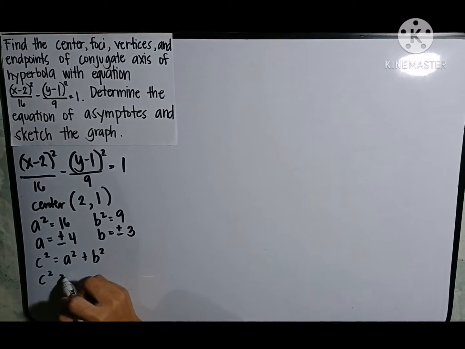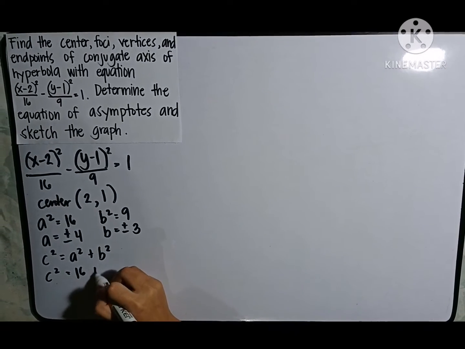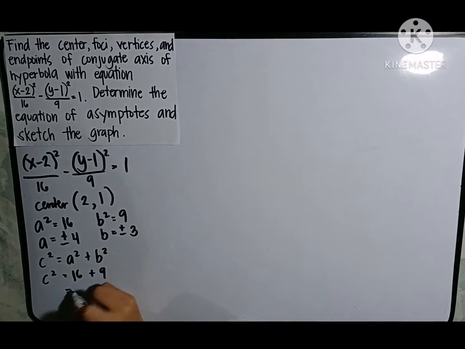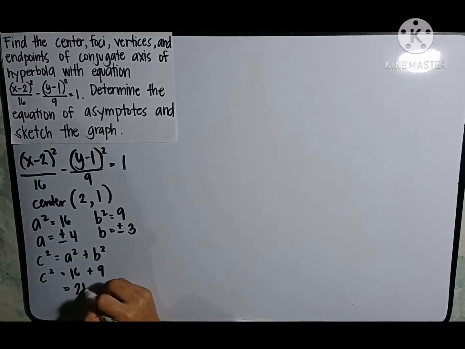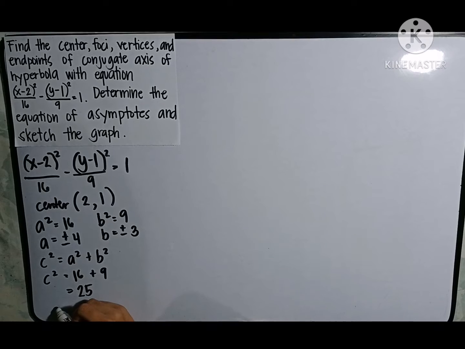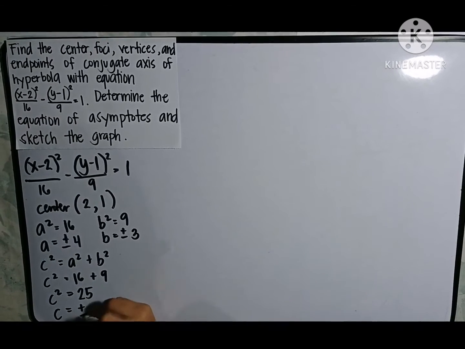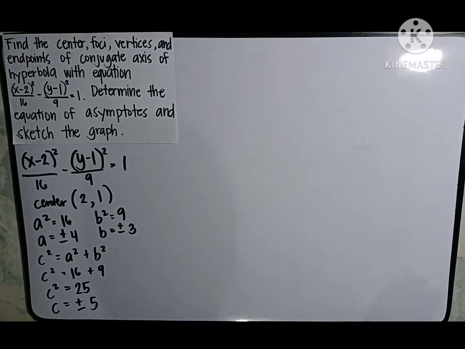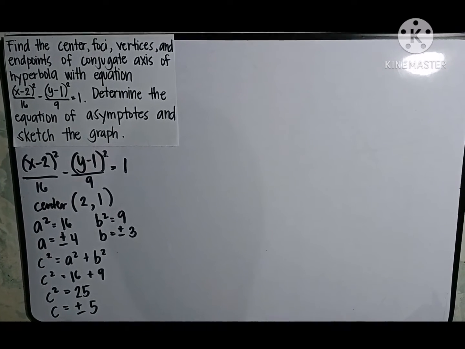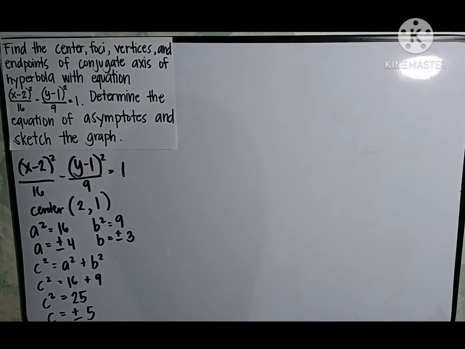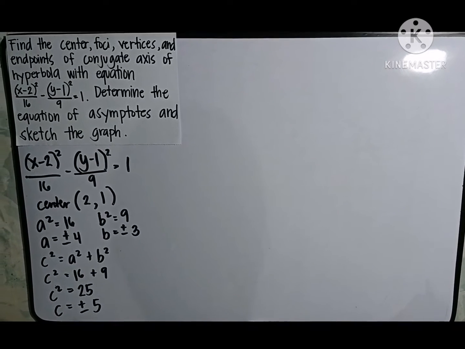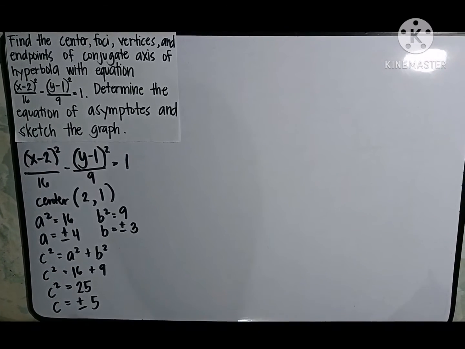So c squared is equal to 16 plus 9, which is 25. So c is equal to plus or minus 5. From these values, we can already identify the foci, vertices, and endpoints of conjugate axis of the hyperbola.